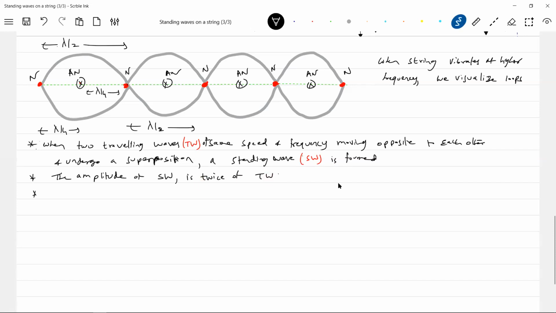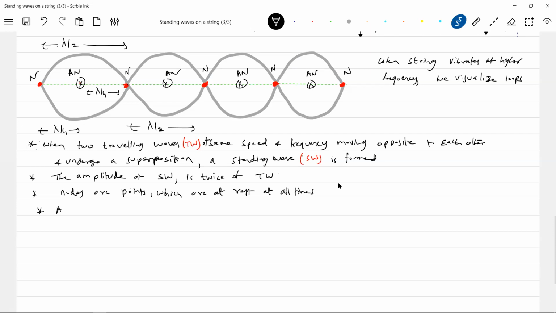Next again, first regarding nodes. Nodes are points which are at rest at all times.